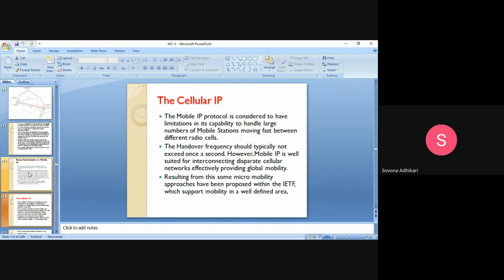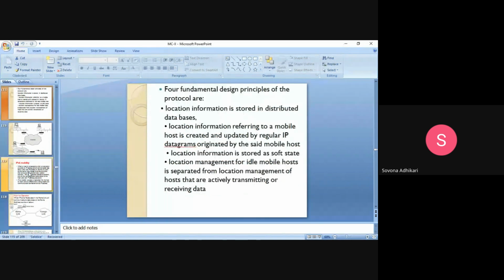Resulting from this, some micro mobility approaches have been proposed within the IETF which support mobility as well as a defined area. Four fundamental design principles of protocols such as cellular IP are: the location information is stored in a distributed database.